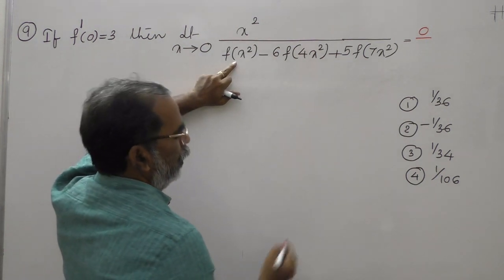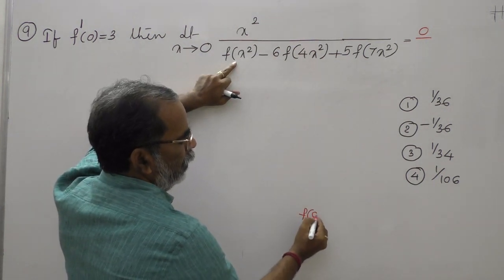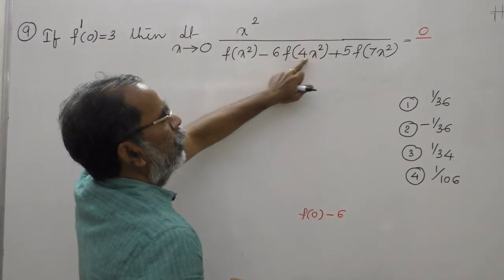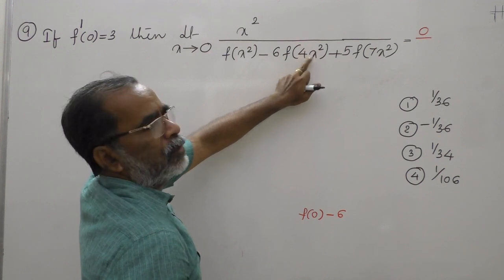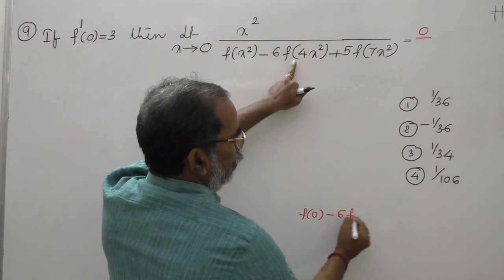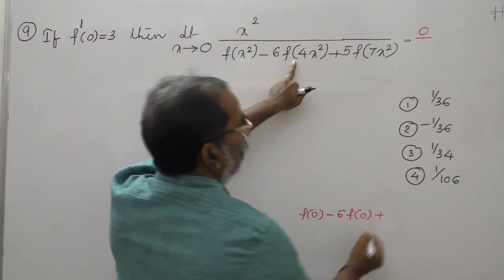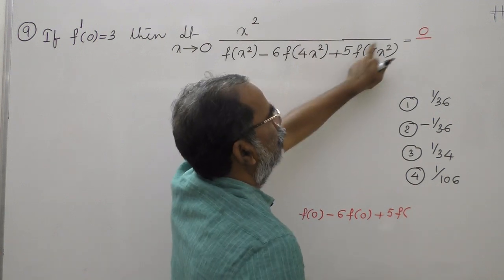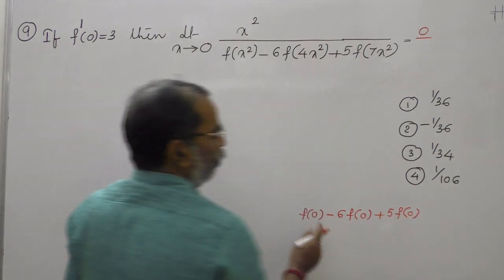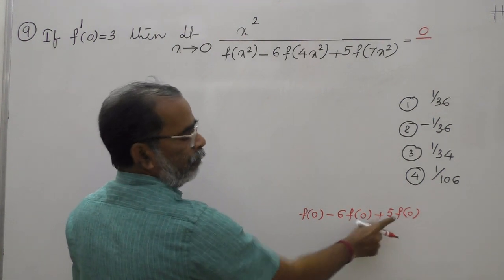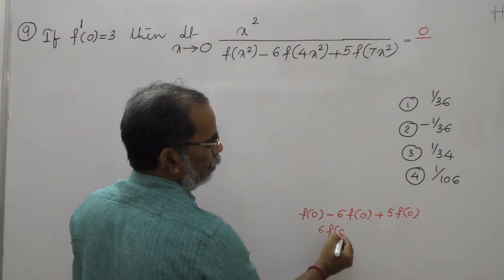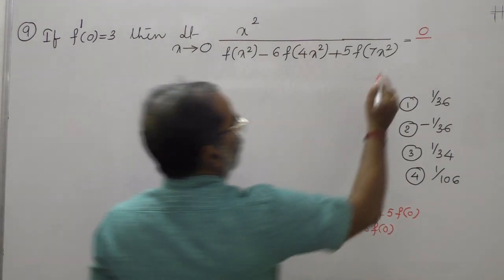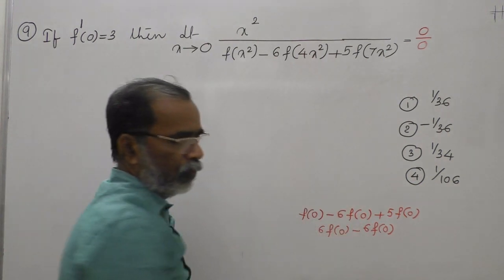If I put 0 here, f of x square is f of 0, minus 6 into f of 4x square, which becomes 0, that means 6 into f of 0, plus 5 into f of 0 since x is 0. So 5 f of 0 minus 6 f of 0 plus 6 f of 0, that means this is also 0.